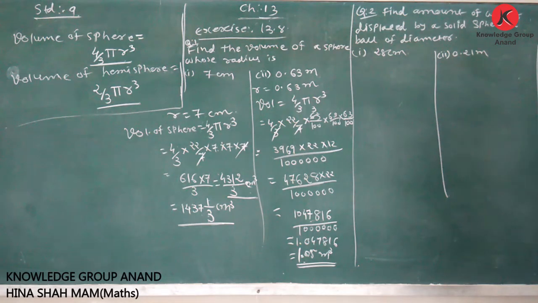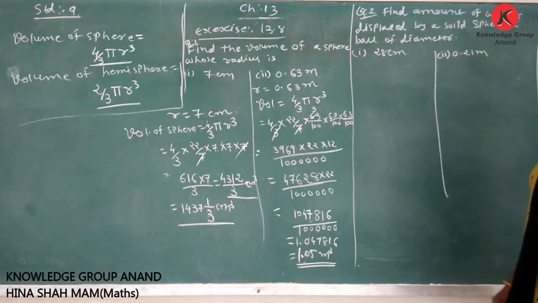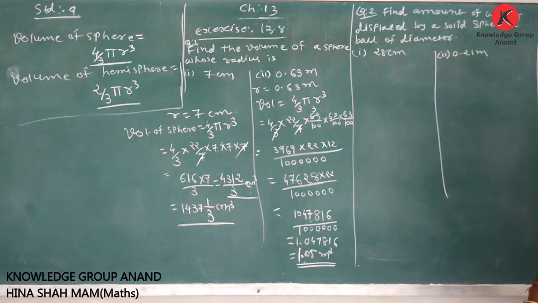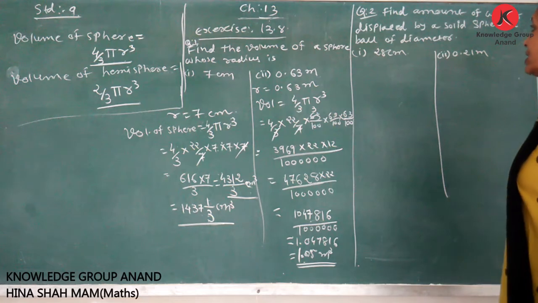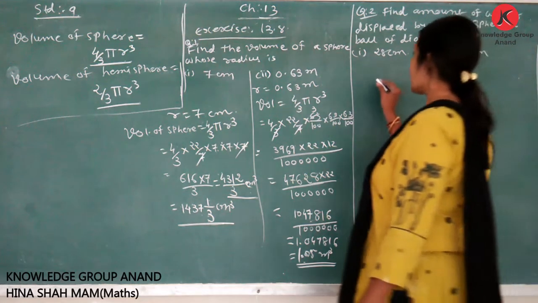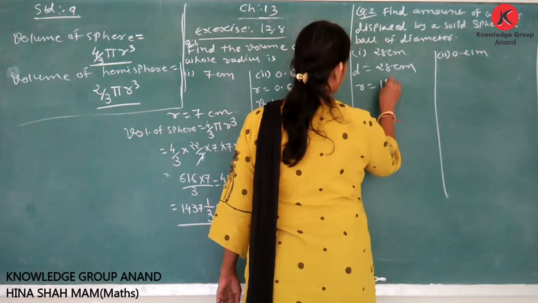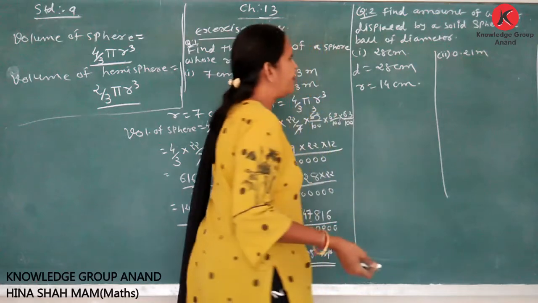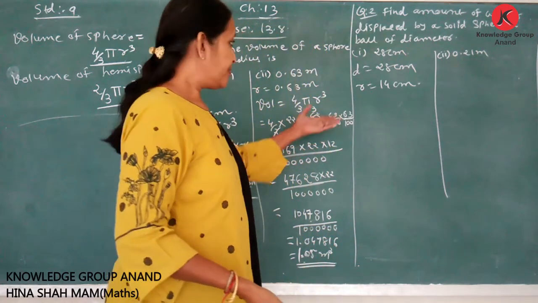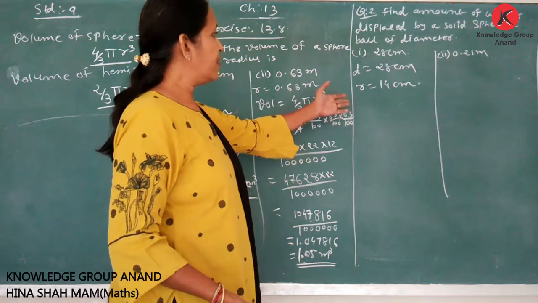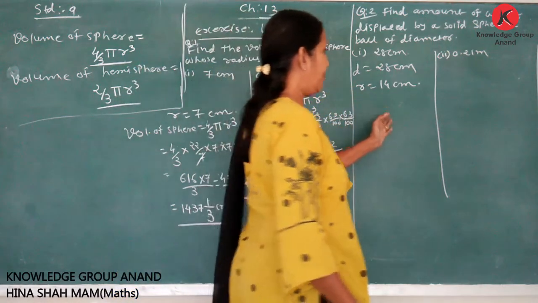Now, find the amount of water displaced by a solid spherical ball of diameter. Here, amount of water displaced by a solid spherical ball. Find its volume. Its diameter. Diameter, that means radius is equal to 14 centimeters. You find yourself 4 by 3 pi r cube.